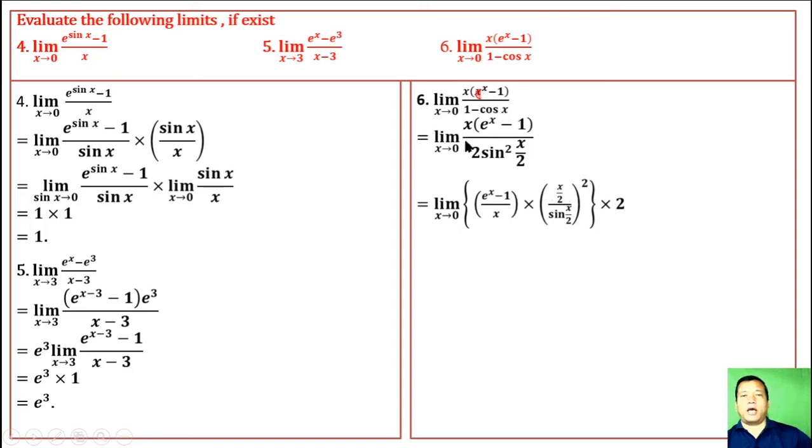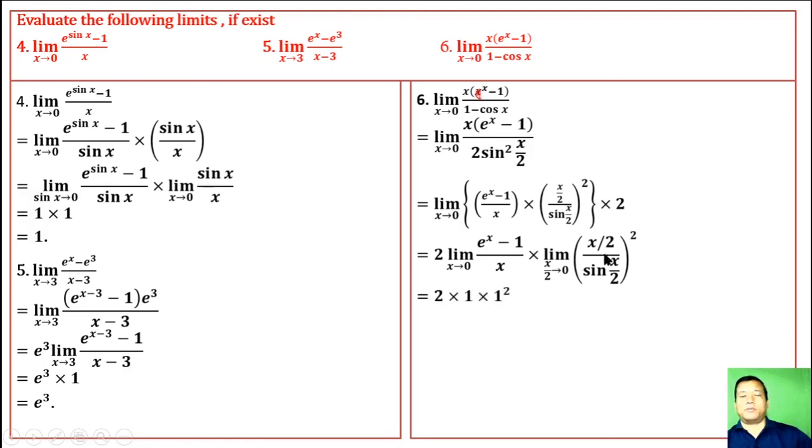Then 2 square over 4 gives 2, and we get sin square x by 2 in the limit. Limit of this function into limit of this function: the limit of sin x by x or x by sin x as x tends to 0 is 1, so 1 squared, whose value is 2.